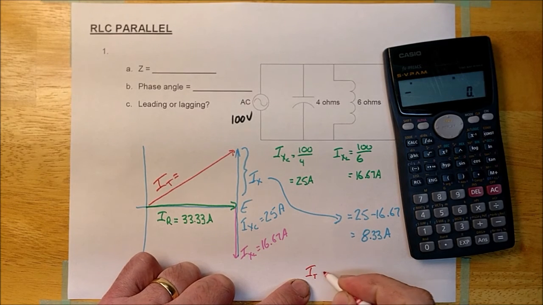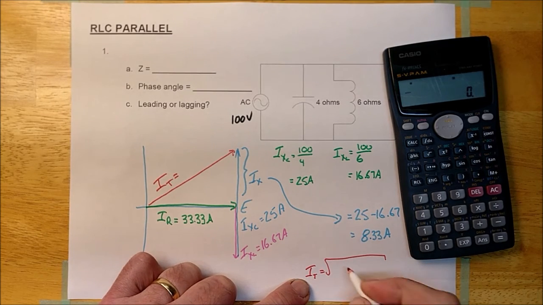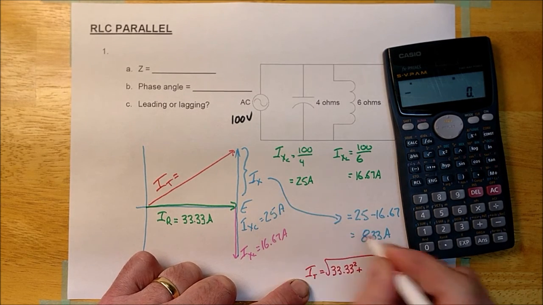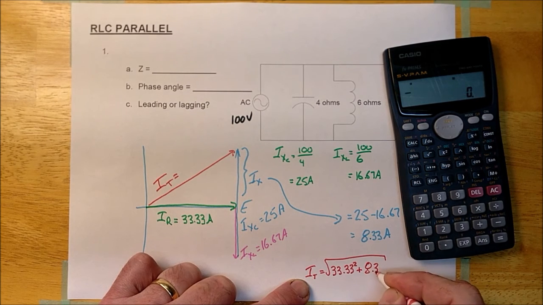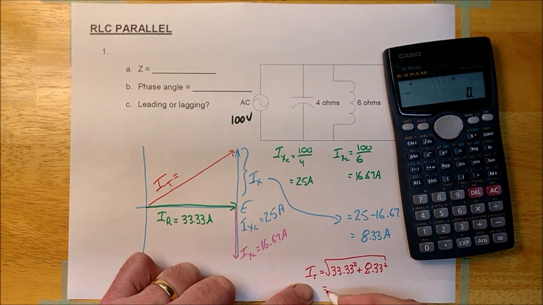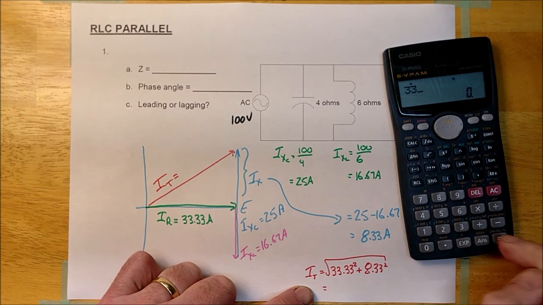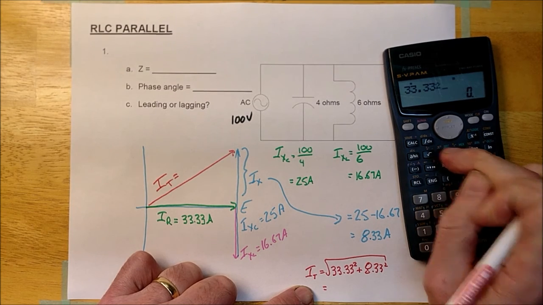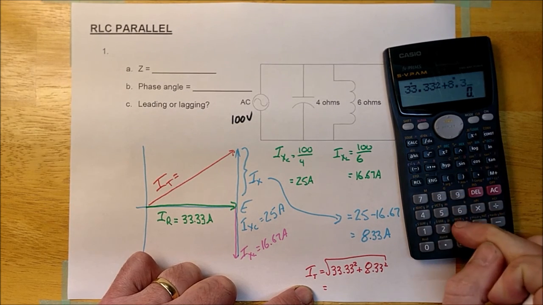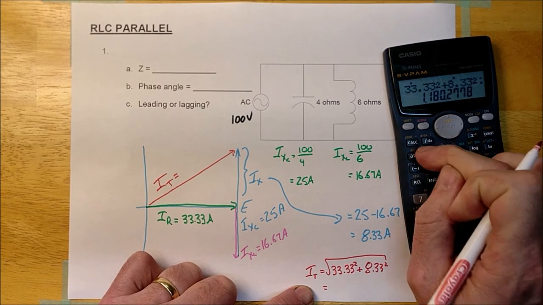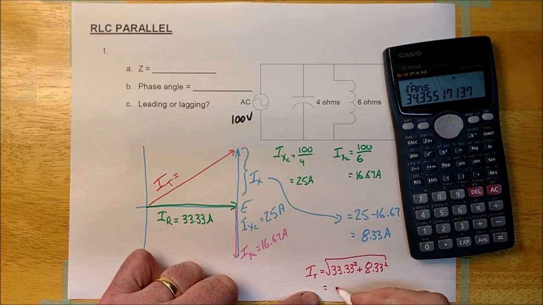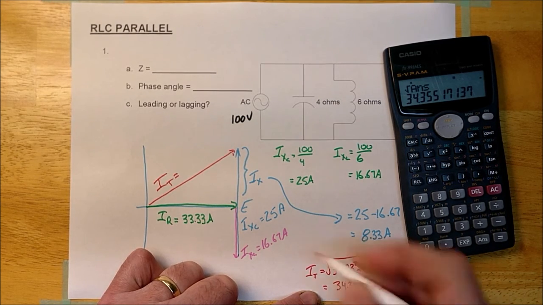I total is equal to the square root of 33.33 squared plus 8.33 squared. All right, guys, so let's try that. 33.33 squared plus 8.33 squared, square root equals 34.36 amps.